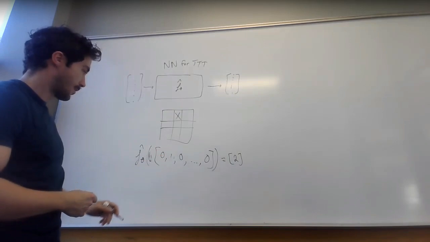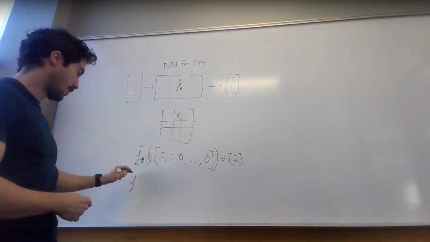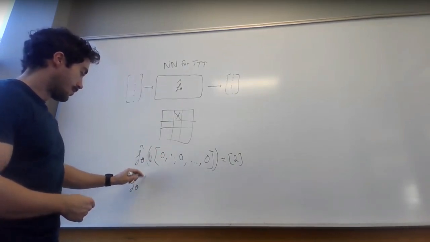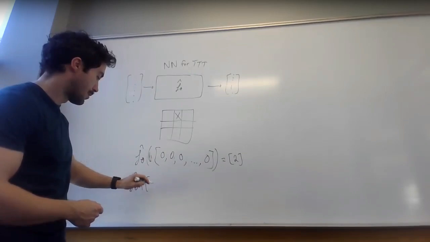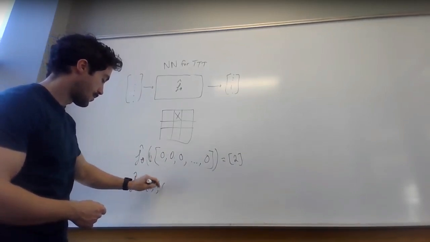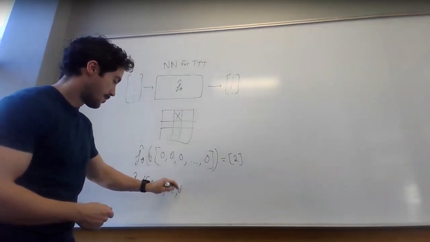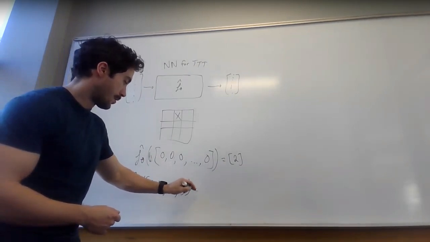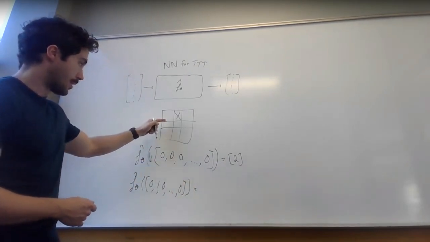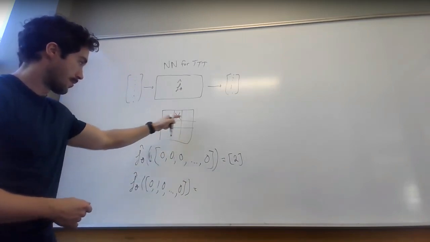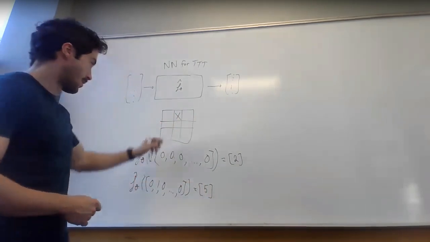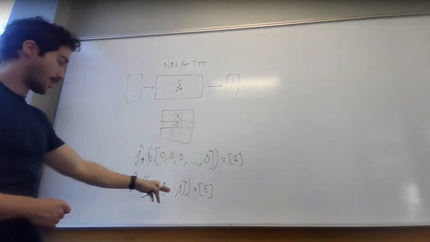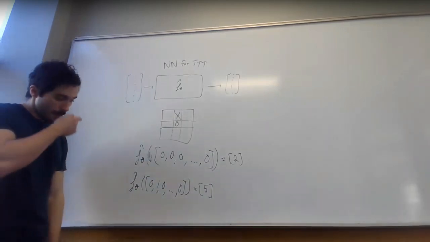Then another neural network, or the same one, is given the updated state, 0, 1, 0, 0, and decides that it wants to play at position 5. So the state gets updated, there's an O here, and you have a negative 1 in the 5th entry.